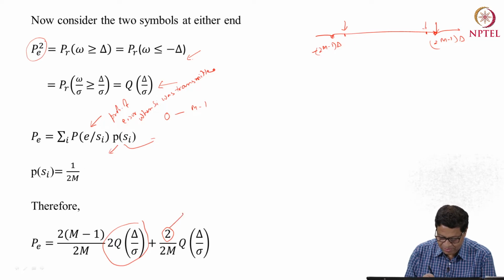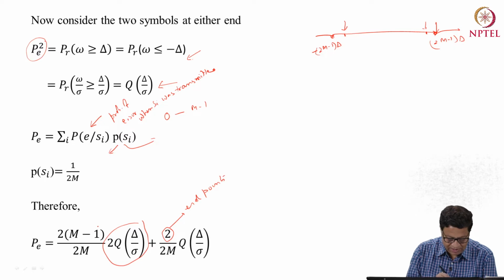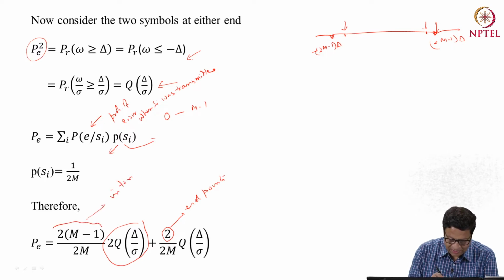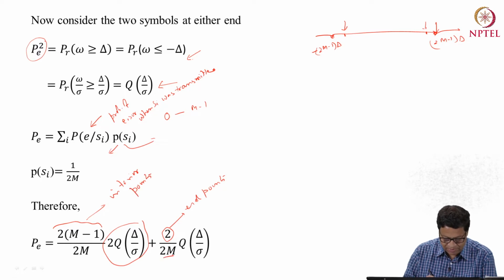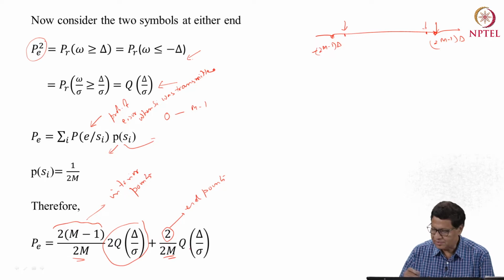These are endpoints, and these are the rest of the points, the interior points. And 1 by 2M is the probability of Si coming. So this becomes the total probability of error for an M-ary system.